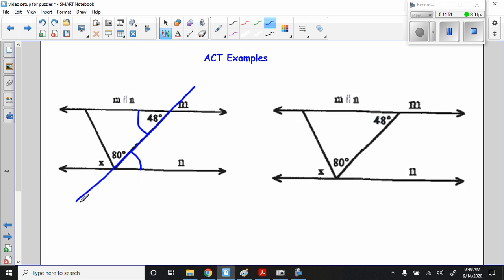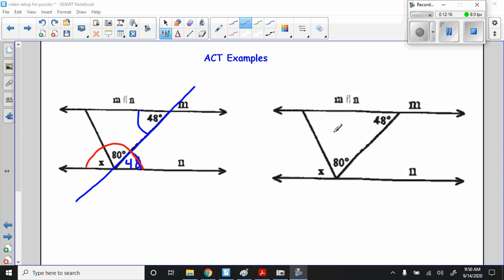So I can say that these two angles here are alternate interior and equal. Then I could do a half circle here and just finish the half circle, and I would have X. That's one way you could do it. That is not the only way.